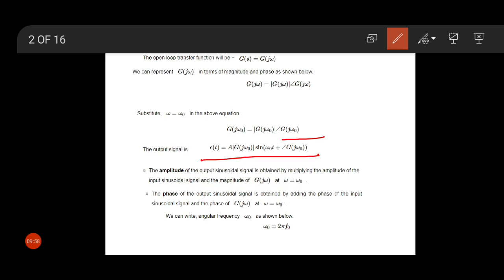We can write the angular frequency omega 0 as 2 pi f0, where f0 is the frequency of the signal. The rest of this frequency response analysis I will discuss in the next lecture.